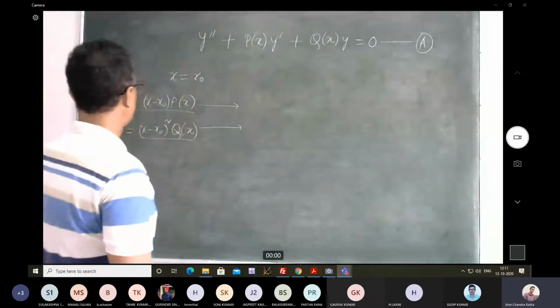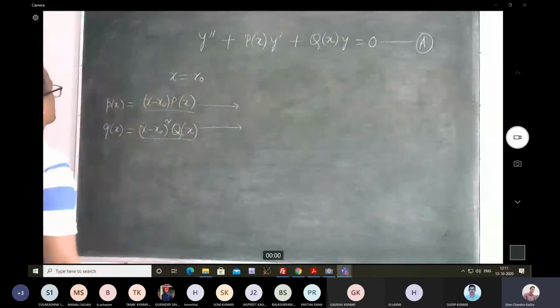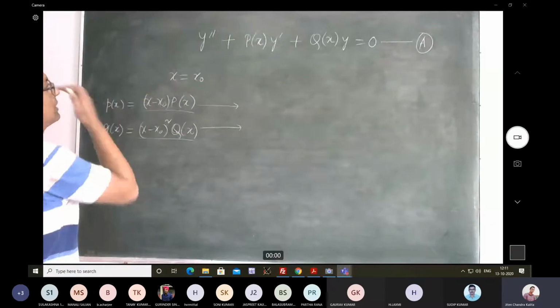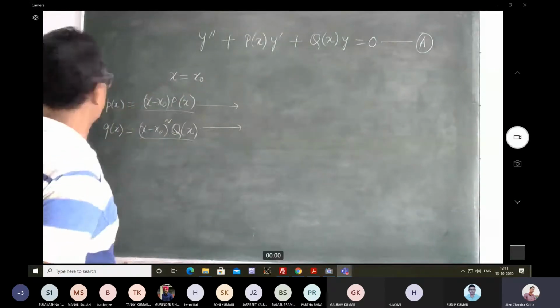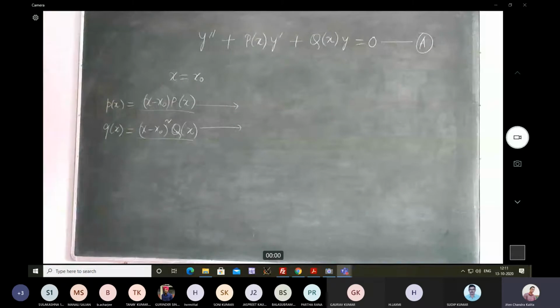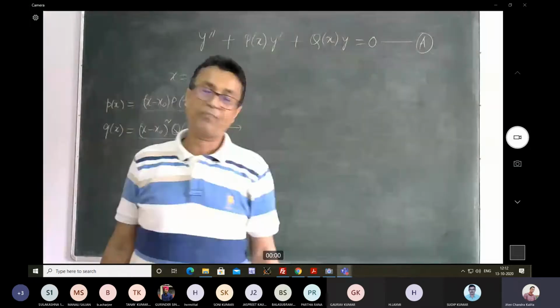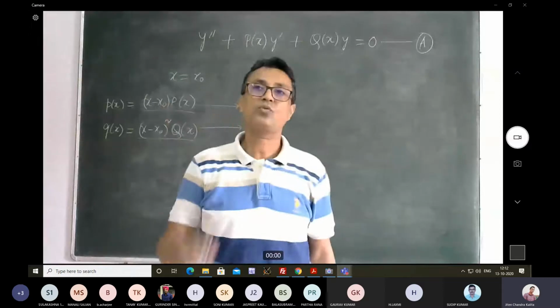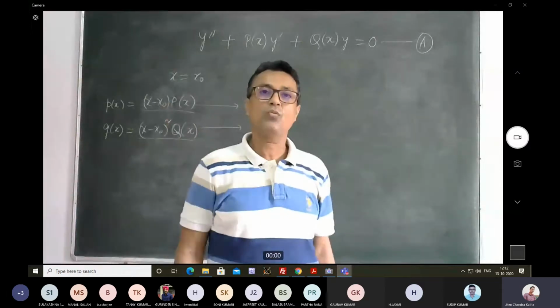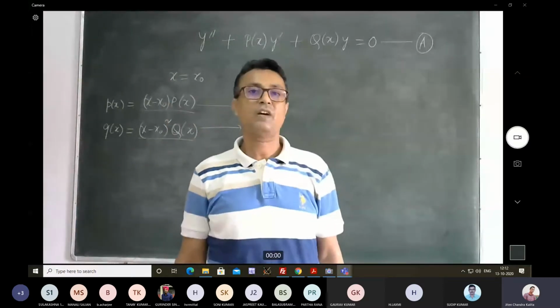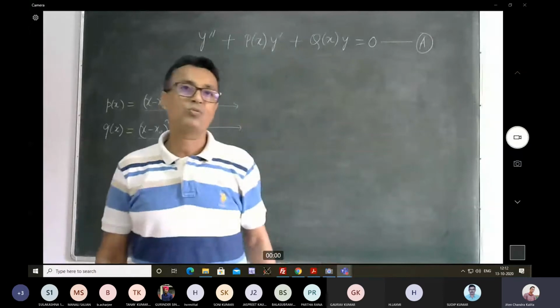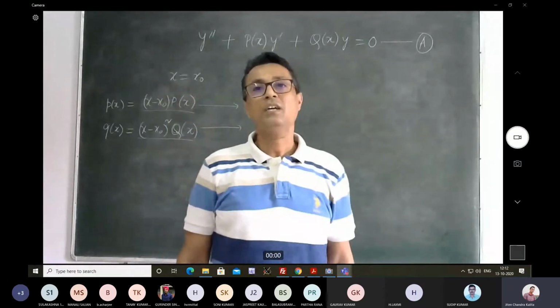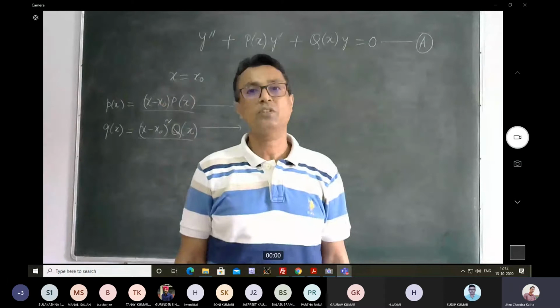Okay. So now again, I told you that I am seeking a series solution of this equation A about the point x equal to x naught, and I also told you that when we were considering Legendre's equation, we tried to avoid these singular points, and rather we found solutions about a point which was an ordinary point, not a singular point.